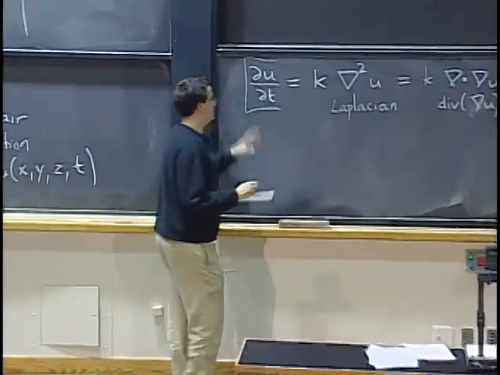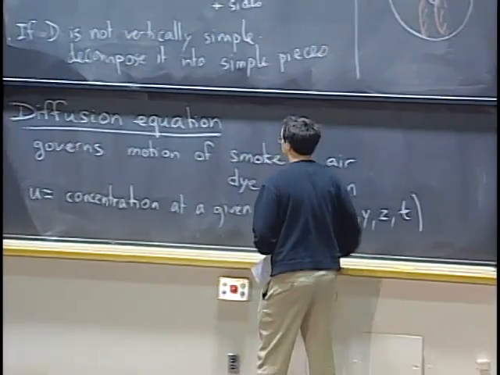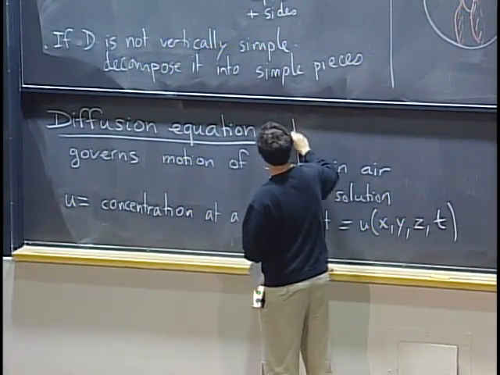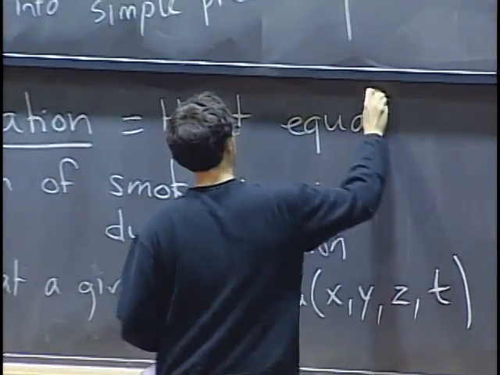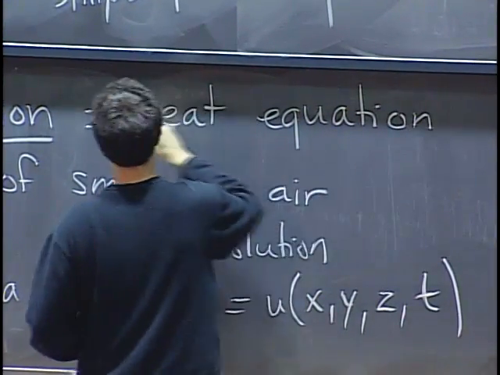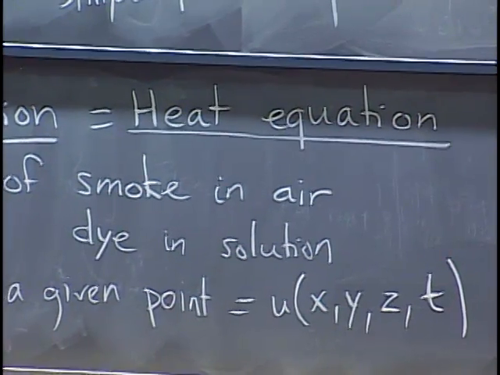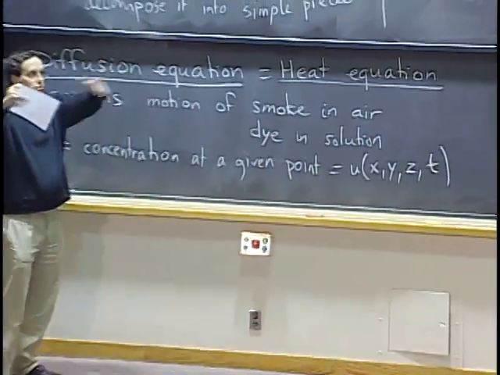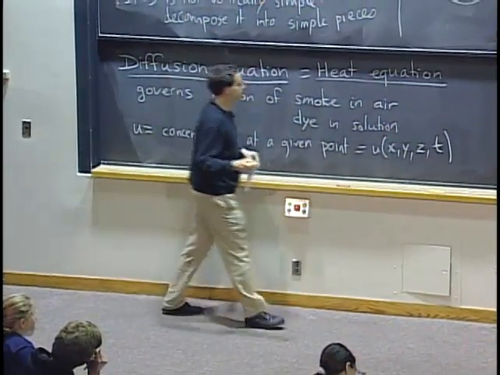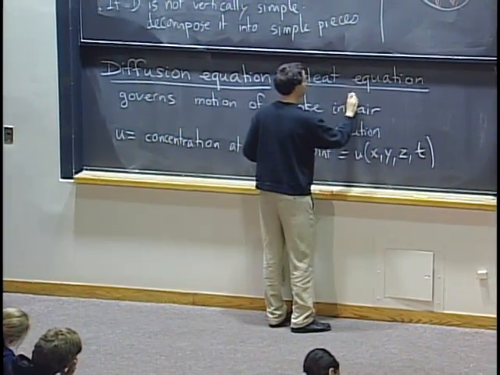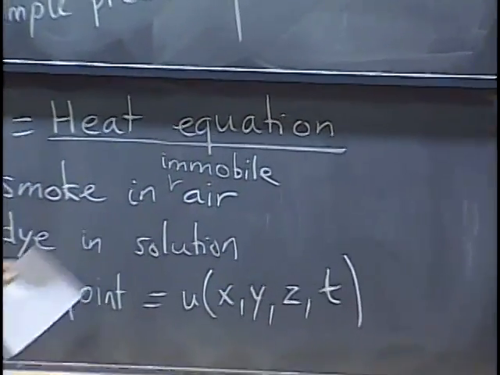But before I do that, let me point out that this equation is not just the diffusion equation. It's also known as the heat equation. That's because exactly the same equation governs how temperature changes over time. Sorry, I should have been more careful: I should have said this is in air that's not moving. And same thing with the solution.